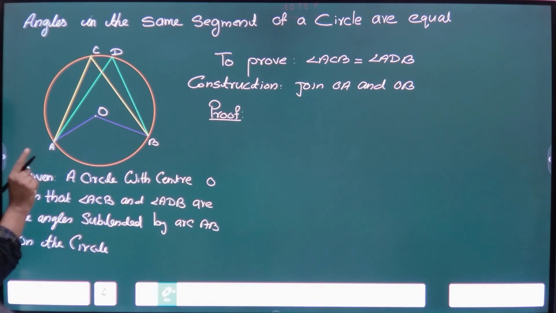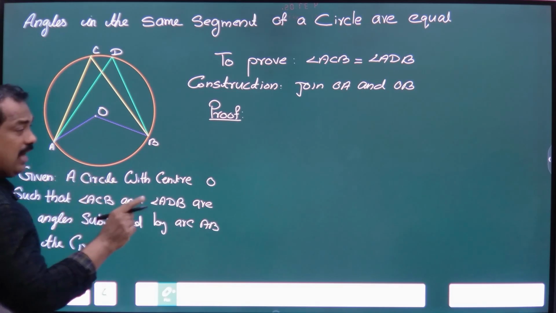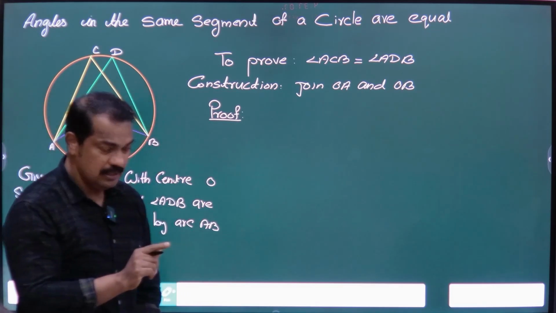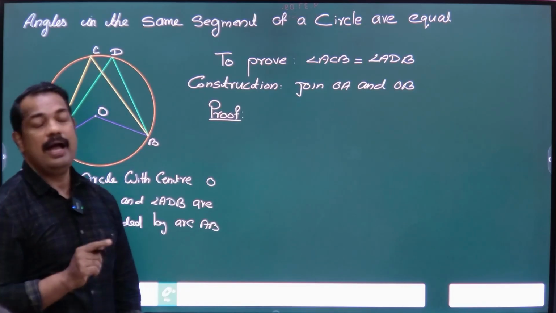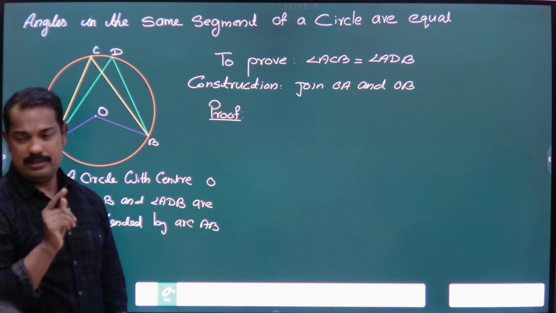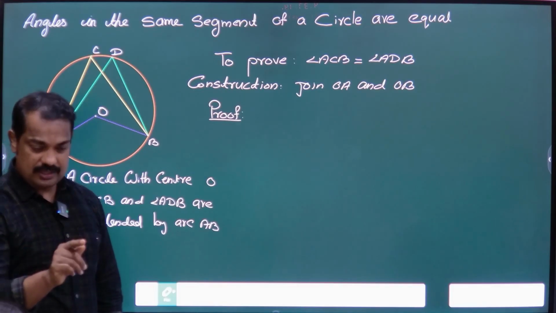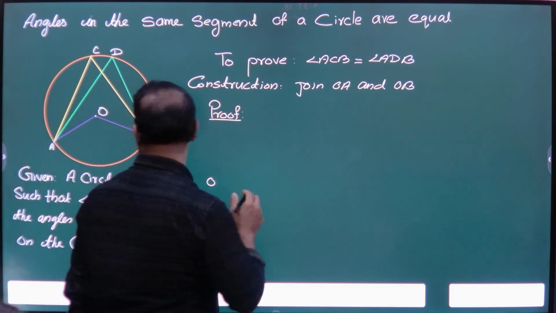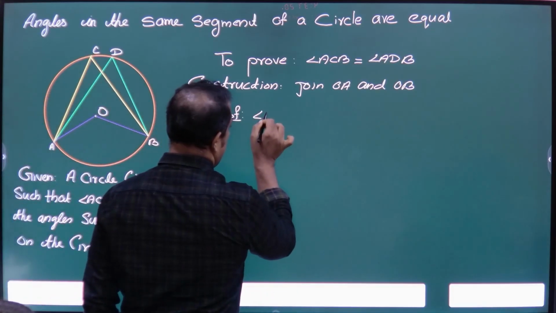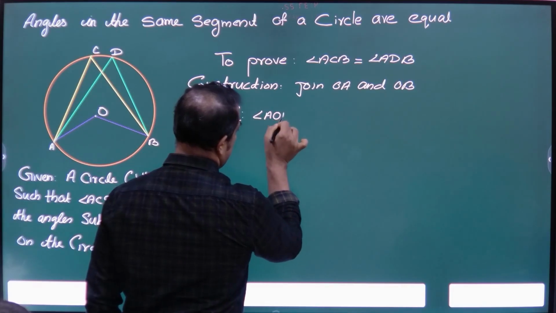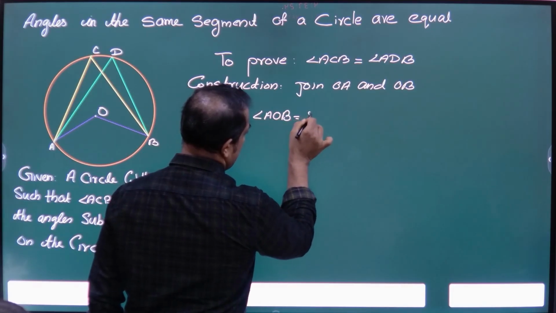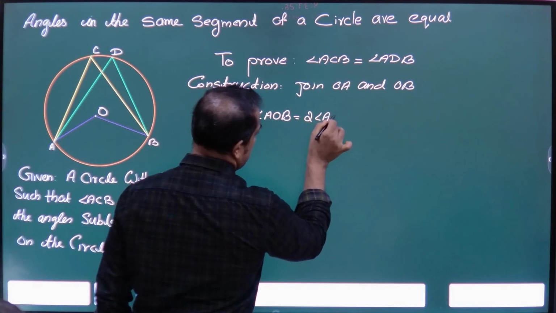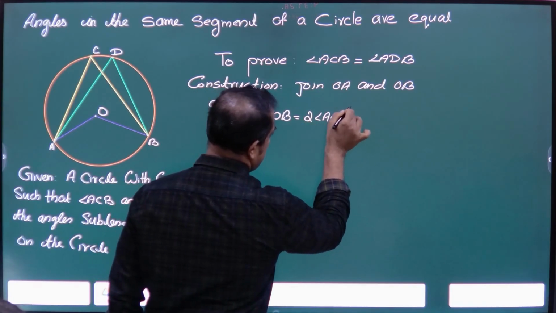The angle subtended by the arc at the center is double the angle subtended by the arc on the circle outside the arc. Angle AOB is equal to 2 angle ACB.